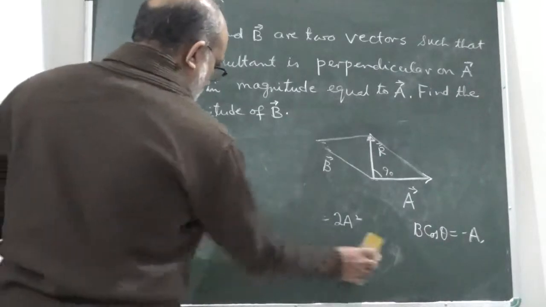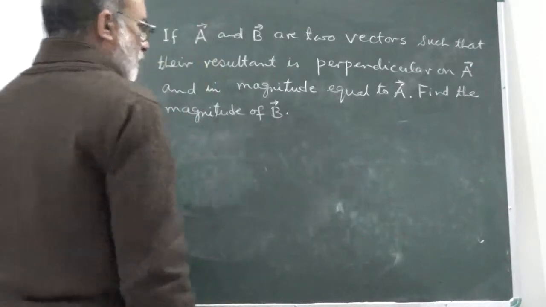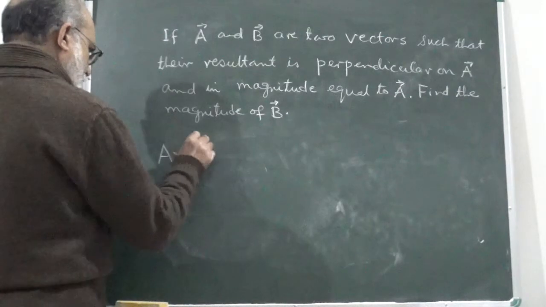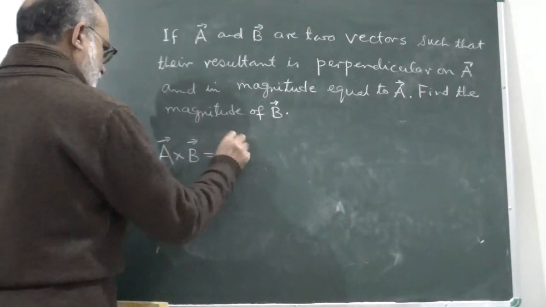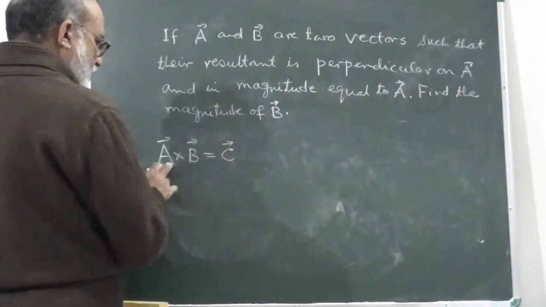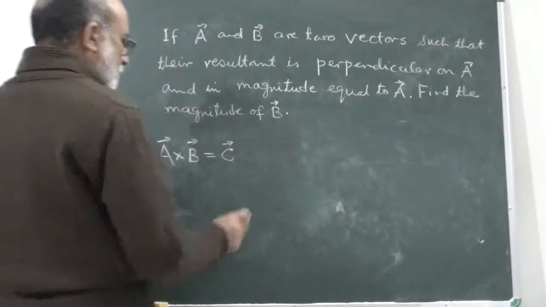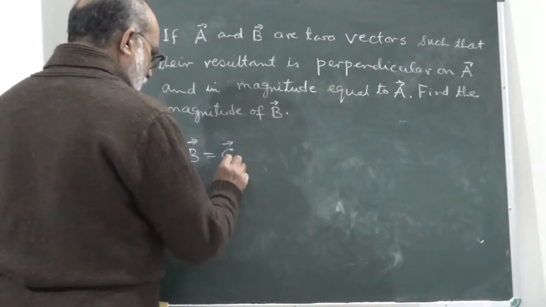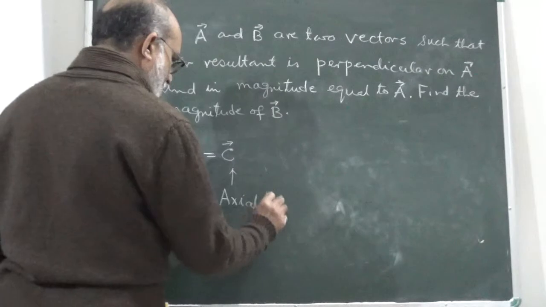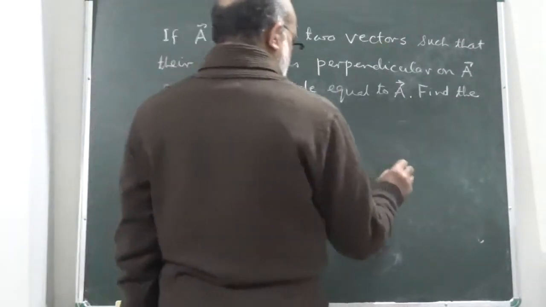One thing I want to explain to you is that if you take the cross product of two vectors, A cross B, this is C. The C is a vector, and this vector is perpendicular to the plane formed by the vectors A and B. So this type of vector is called an axial vector.